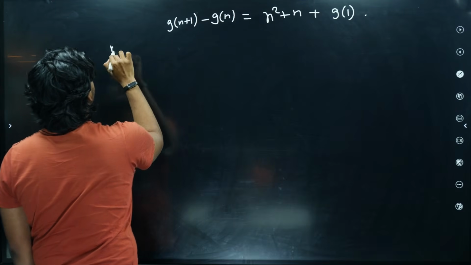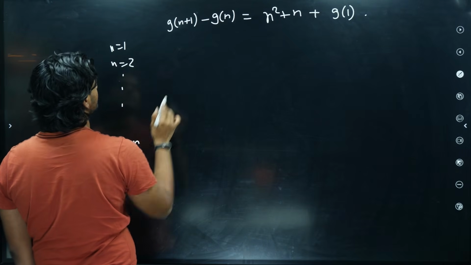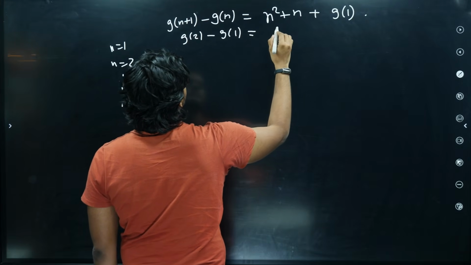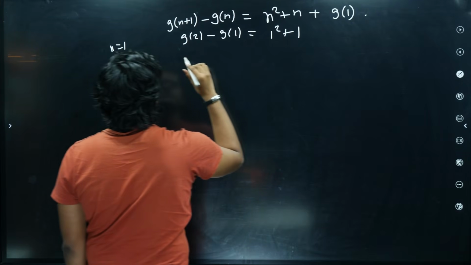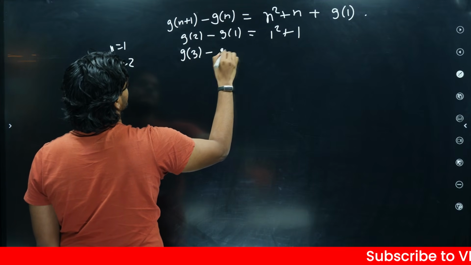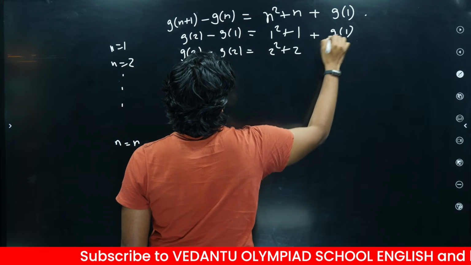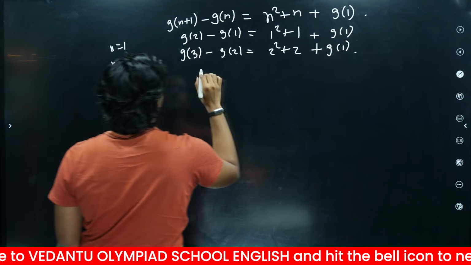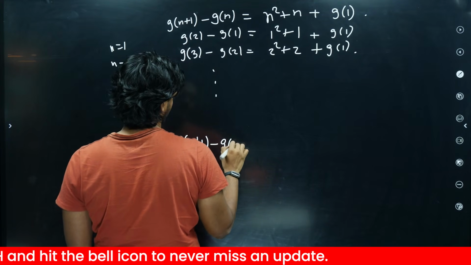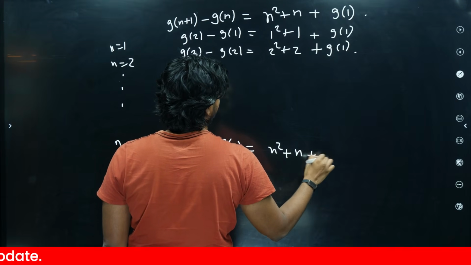Putting n equal to 1, n equal to 2, and so on till n equal to n itself: g of 2 minus g of 1 is 1 square plus 1 plus g of 1, g of 3 minus g of 2 is 2 square plus 2 plus g of 1, and so on till g of n plus 1 minus g of n is n square plus n plus g of 1.